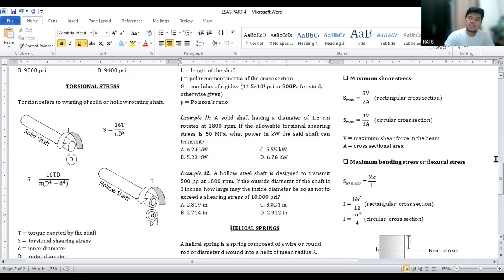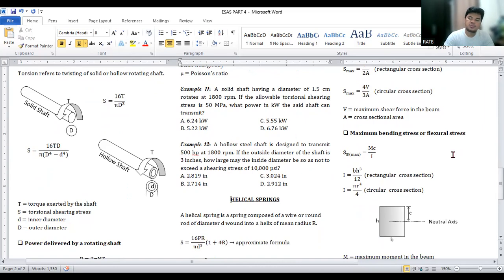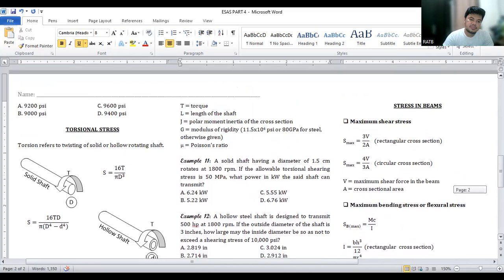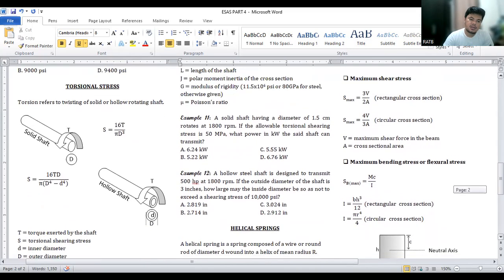Okay, so we'll just run through the formulas. Know that these formulas have to be memorized. One way to memorize or familiarize with the formula is of course to keep using it by applying it to some sample problems. So we have here the torsion stress for solid shaft.